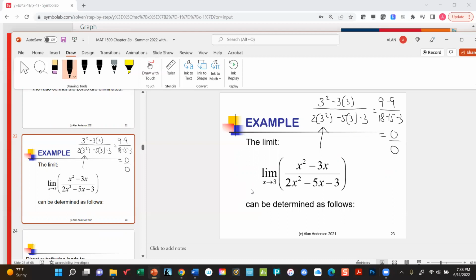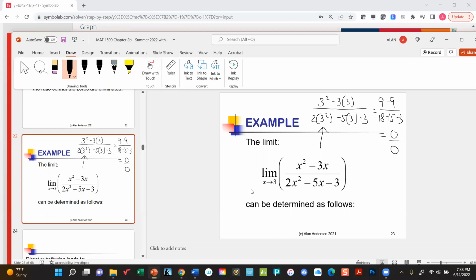What do we need now? Well, it turns out that if we do a little algebra, we might be able to reduce this using our rules that we learned earlier to reduce it to something which does not have 0 over 0.